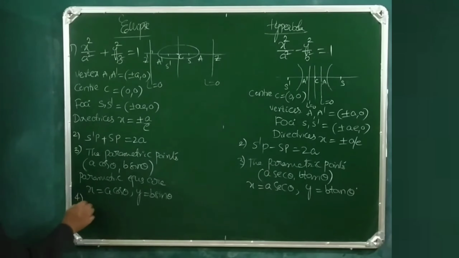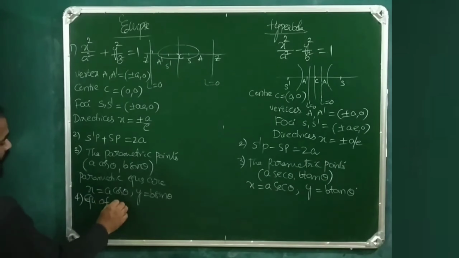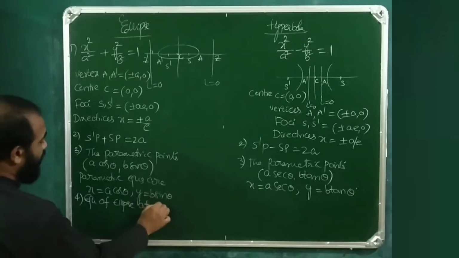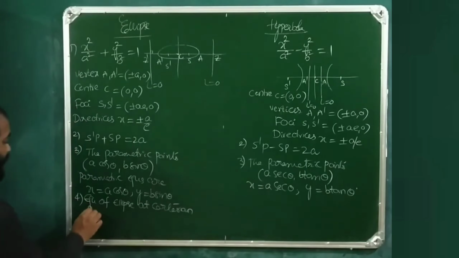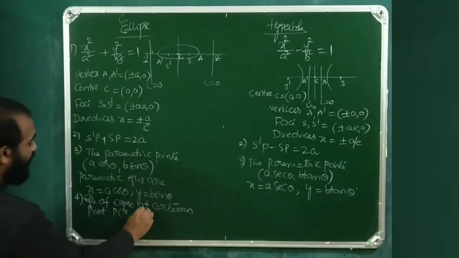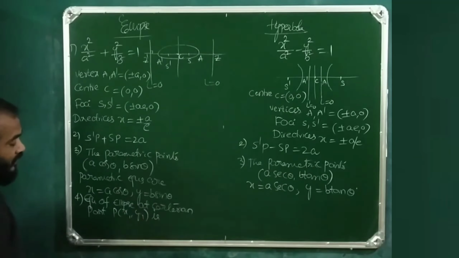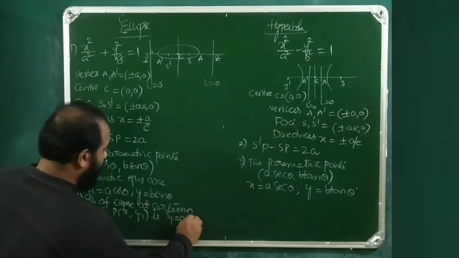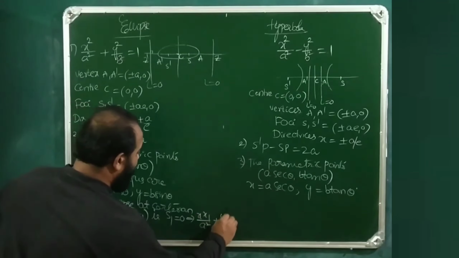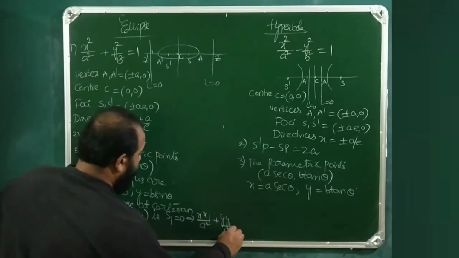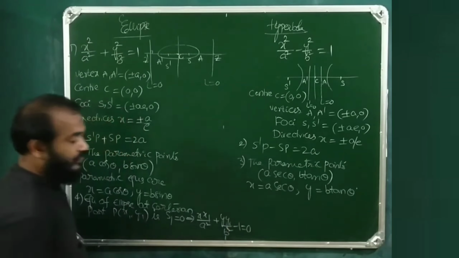So here the equation of the ellipse at Cartesian point P(x1, y1) is S1 equals to 0. That means xx1 by a square plus yy1 by b square minus 1 equals to 0.